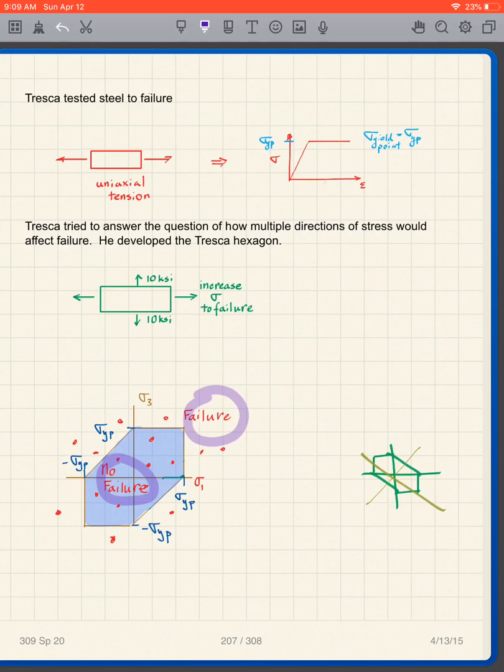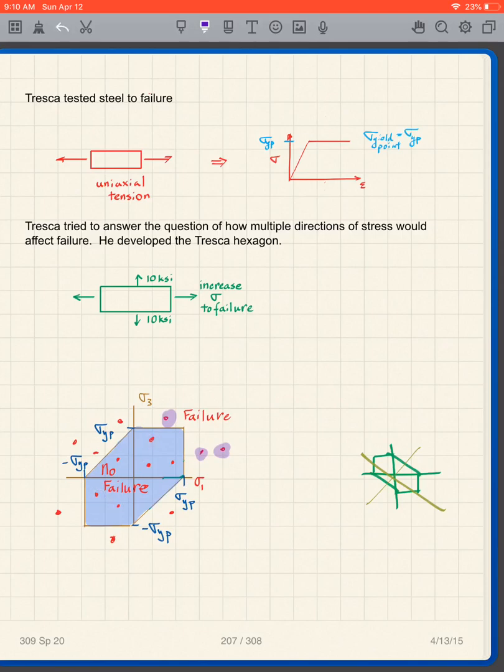So what I've shown here are the results of numerous tests of his. Each point on this plot represents one test. Anything that was in the hexagon indicated that there was no failure. And he found that if he ever loaded something that was outside the hexagon, he got failure.